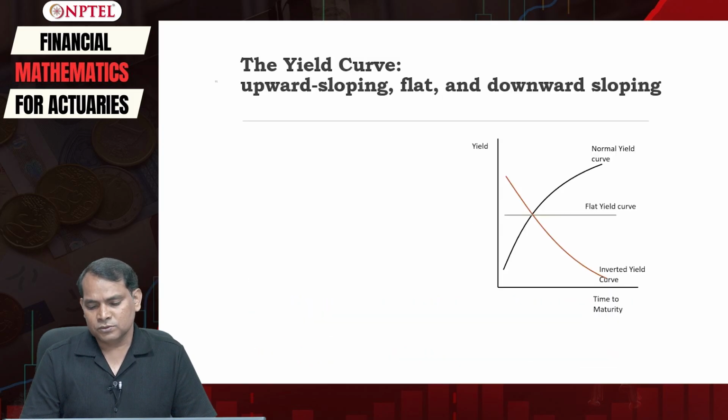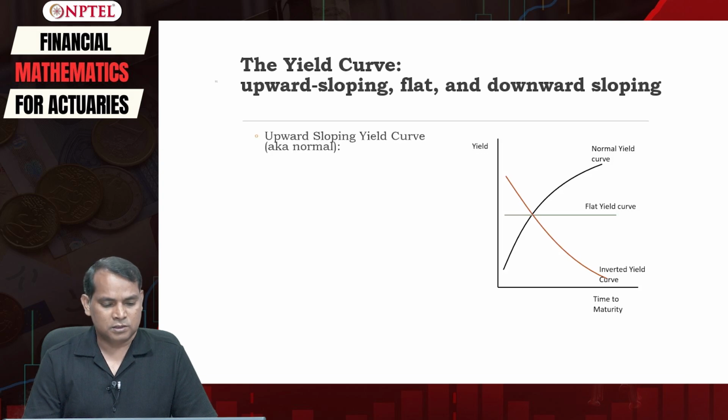Now let us understand the upward sloping yield curve, the flat yield curve and the downward sloping yield curve. What is the upward sloping yield curve, also known as the normal yield curve?